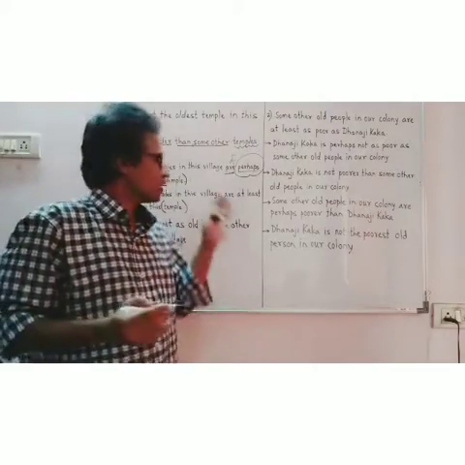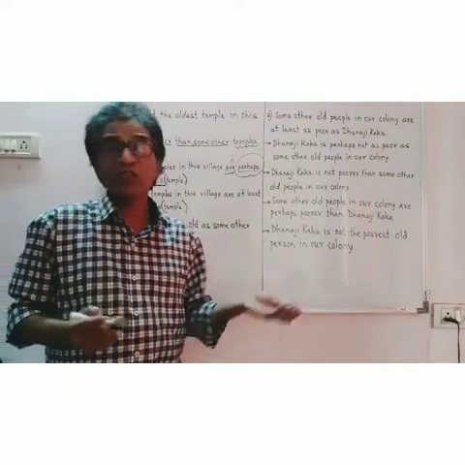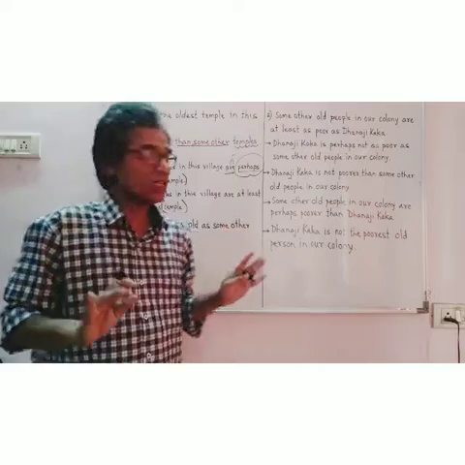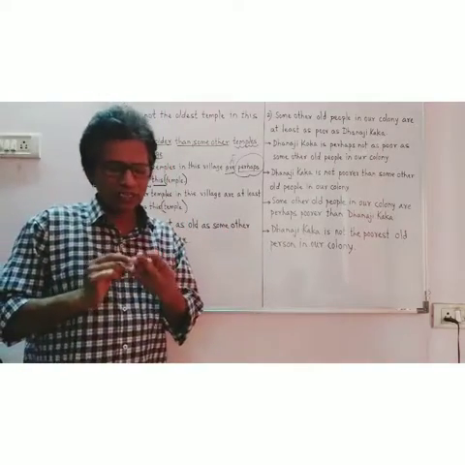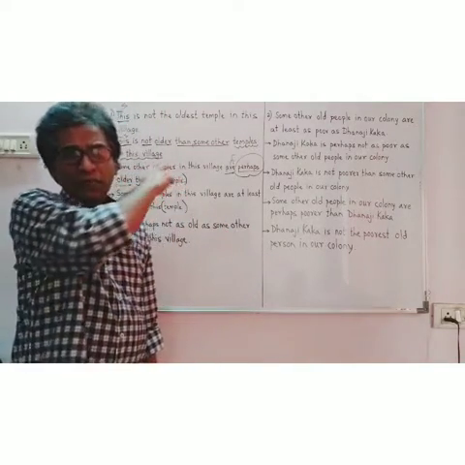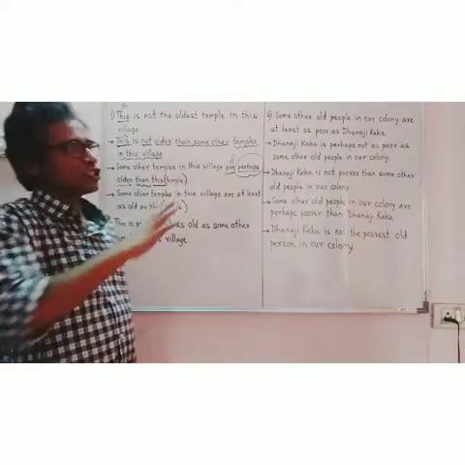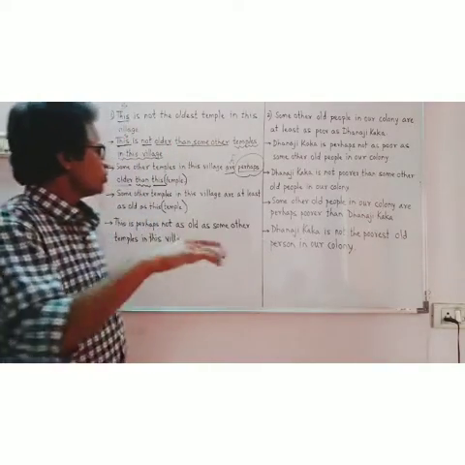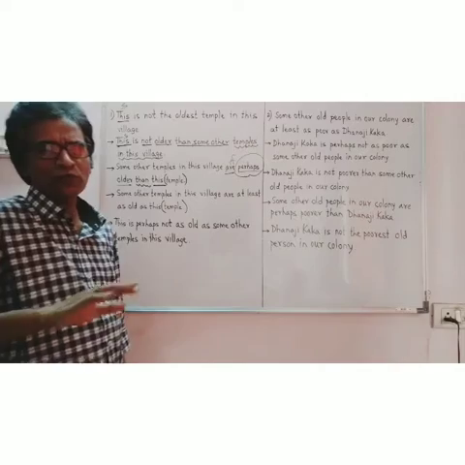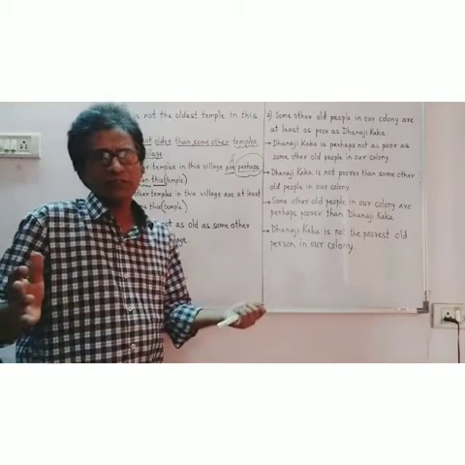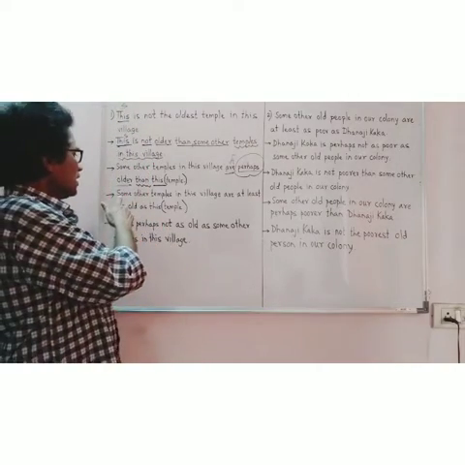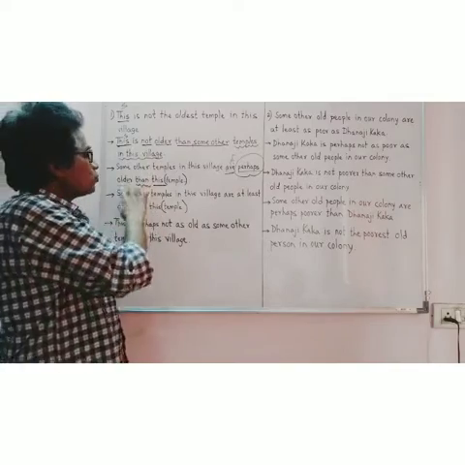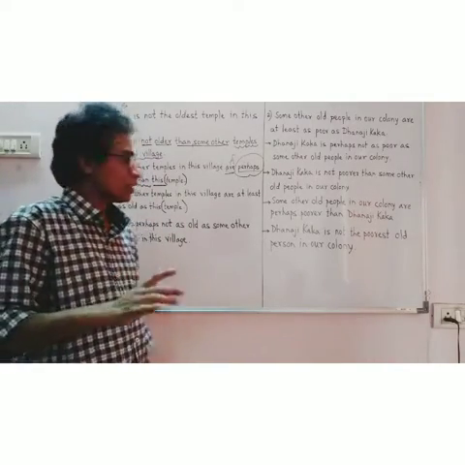Temple you can write, but it is optional. In the context, in the situation, temple is understood because we are comparing temples in the same village. Okay, but you can write, or if you don't want, you don't need. Okay, now these are the two comparative structures.